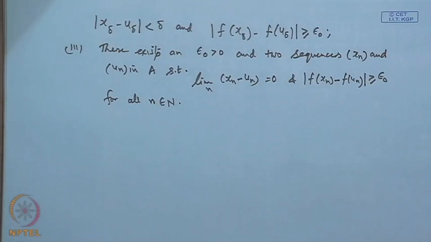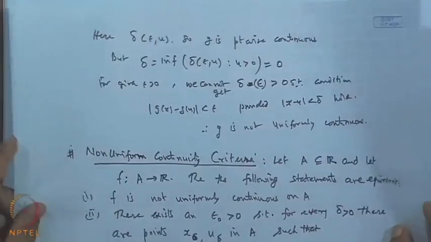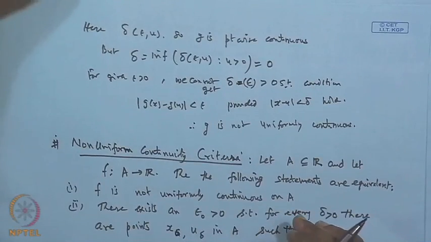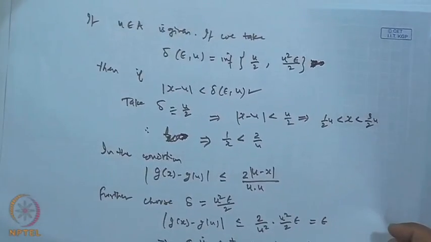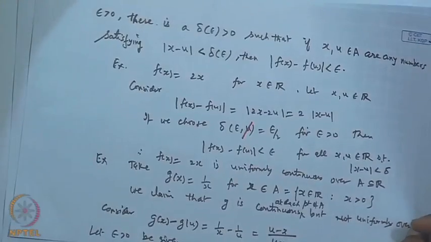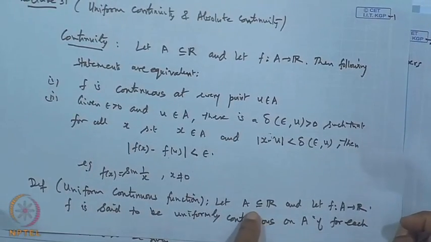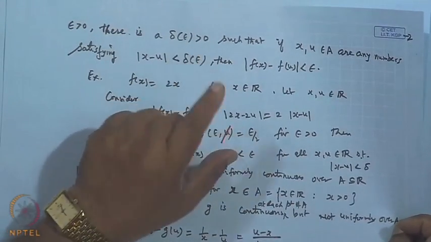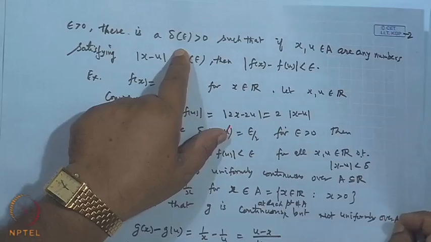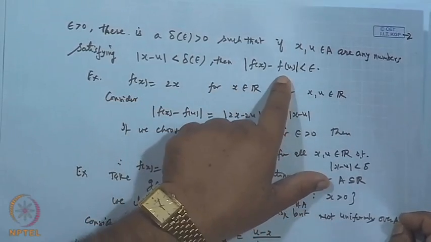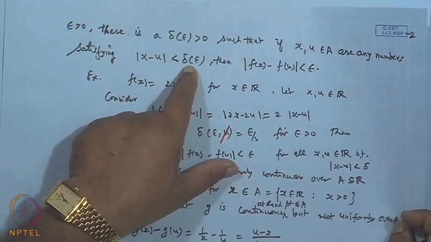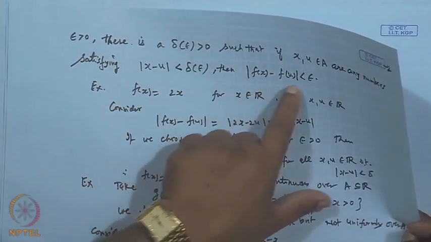Let us see what this is. The uniform continuity criterion says if a function is not uniformly continuous, then by definition: a function is said to be uniformly continuous over the set A if for each epsilon there exists a delta which depends only on epsilon, such that the difference of f x minus f u can be made less than epsilon provided the points are in the delta neighborhood. So, if the function is not uniformly continuous, this condition will be violated.